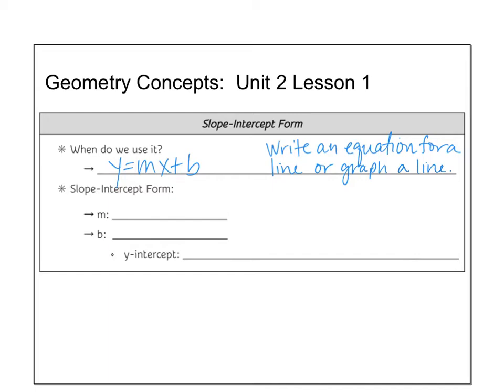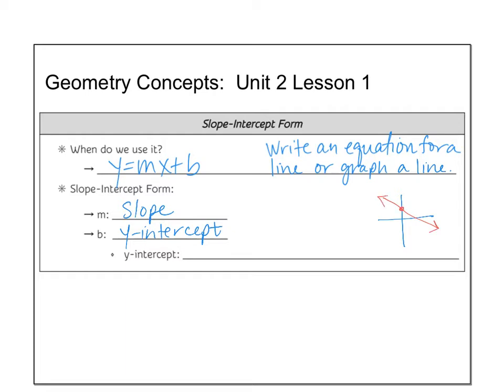And you might be looking at this y equals mx plus b and trying to remember, what does the m mean? Well, m, remember, is the slope of the line, and b is the y-intercept of the line. And you might be thinking, what's a y-intercept? Well, remember, if you have a graph, the y-intercept is where the graph crosses the y-axis.